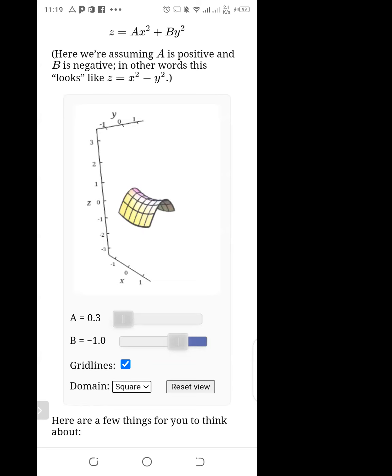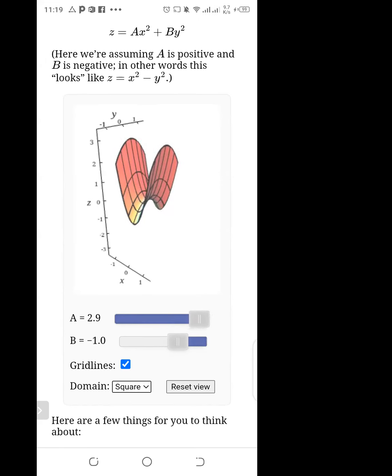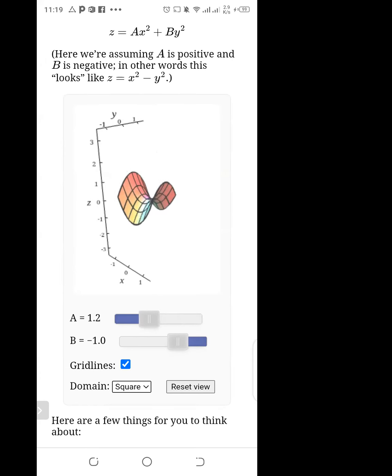As we are increasing a, see what is happening to the hyperbolic paraboloid. So this is the effect. And we end at a is equal to 3. So I go back to a is equal to 1, then change my b.